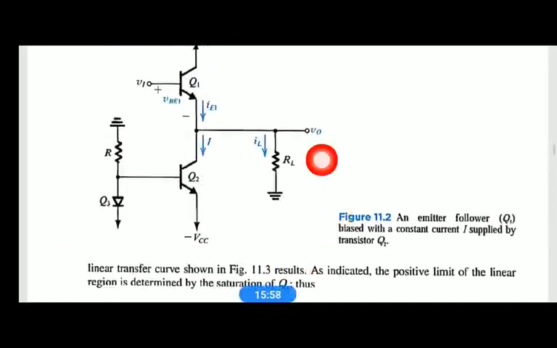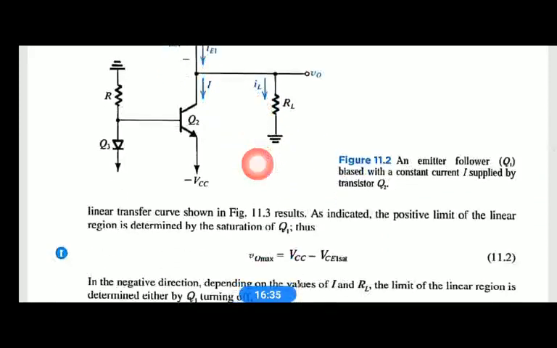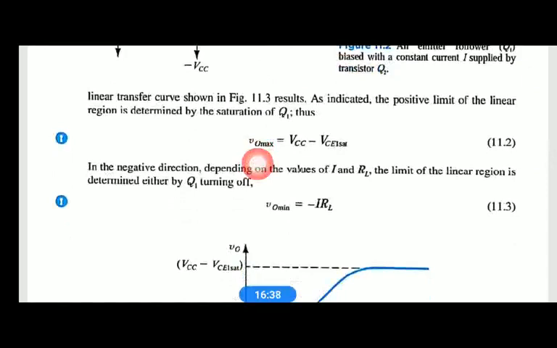When this transistor is not operated, the current flowing through this RL is only I. So when it is not operated, IE1 is 0, and IL is equal to minus I here. The current across the RL is only I, which flows in the reverse direction. So the minimum voltage you will get at the output is minus I into RL.